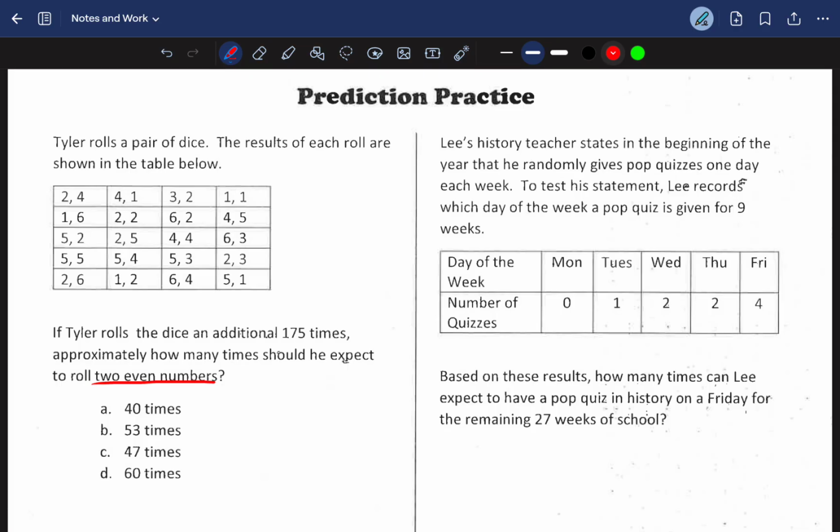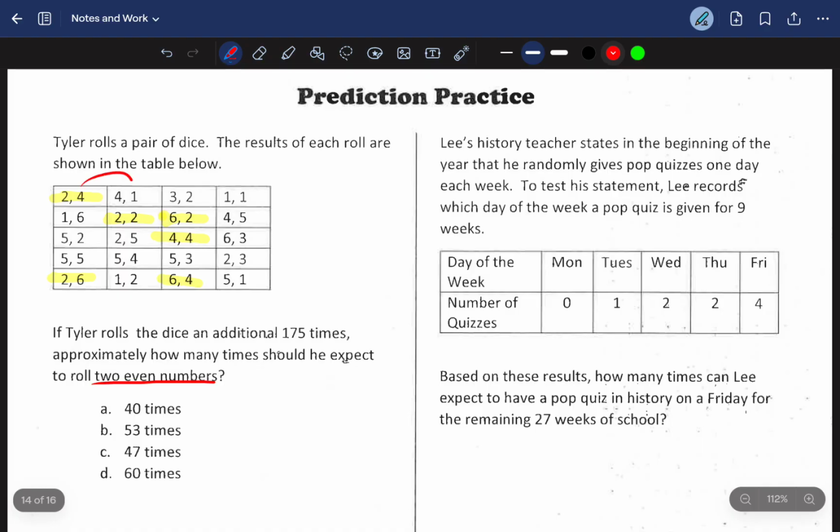So now we got to go back to the table and see where we have 2 even numbers. So I see we have 2, 4, and then 2, 2, and 6, 2, and then 4, 4, and we have 2, 6, and 6, 4. And those are all the evens that I see. Now, I need to know the total number of times that he rolled here.